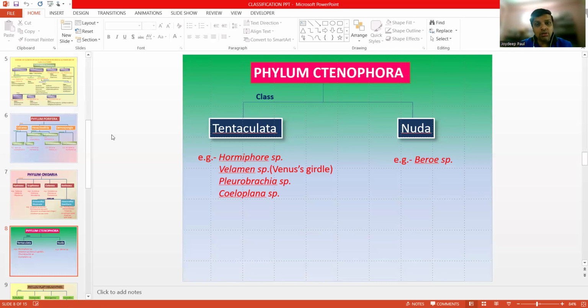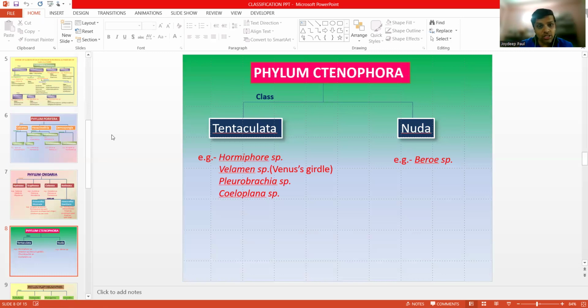So now let us talk about the classification scheme. Phylum Ctenophora can be subdivided into two classes, Tentaculata and Nuda. Class 1, Tentaculata: adults with long aboral tentacles. In some, the larva has tentacles while adults have oral lobes. Mouth is narrow and pharynx is small.